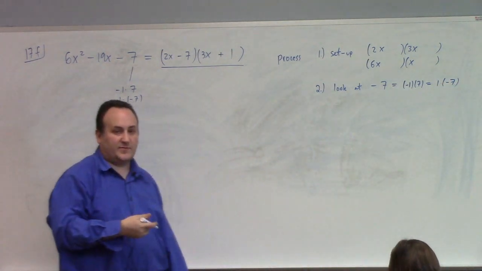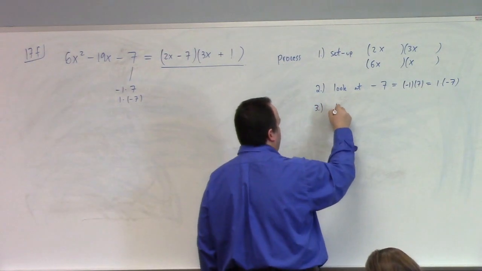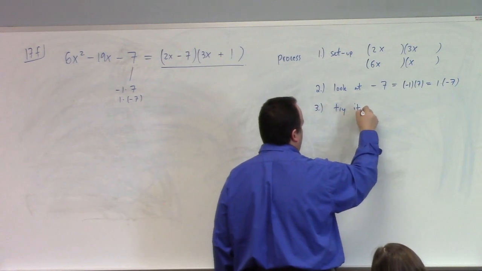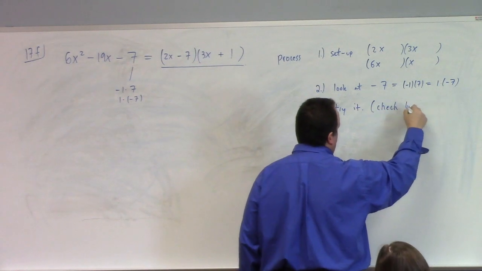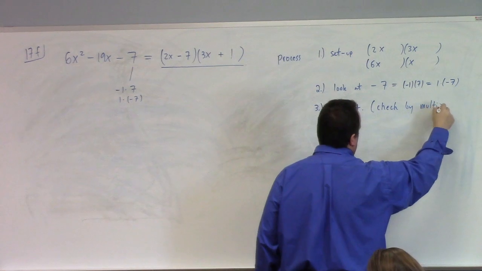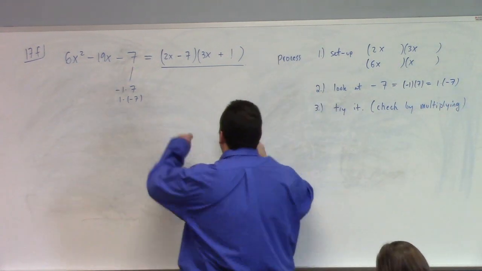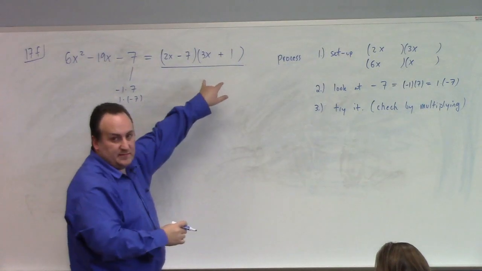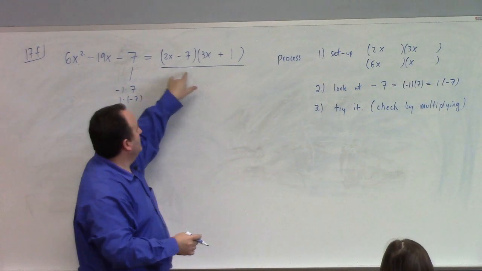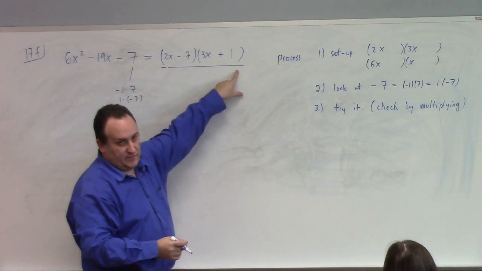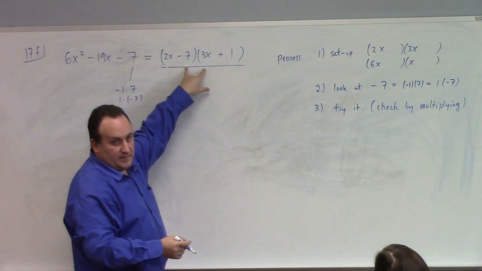And then step 3, try it. And then you check by multiplying, which I never write down, but I think about the multiplication in my head. Because when I multiply this out, I get 2 times 1, which is 2, minus 7 times 3, which is minus 21.